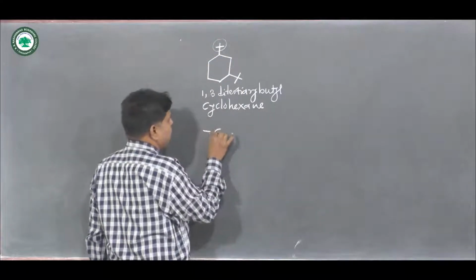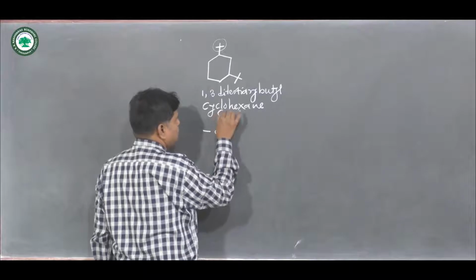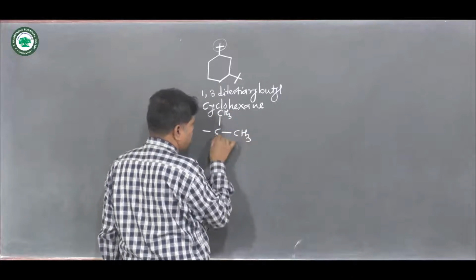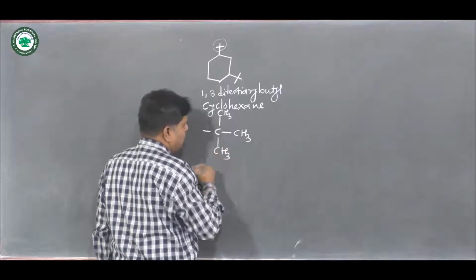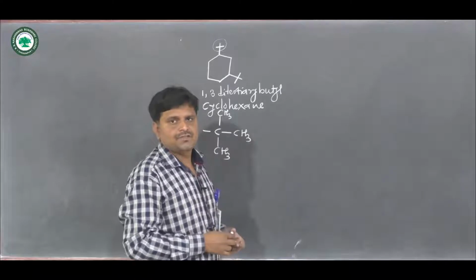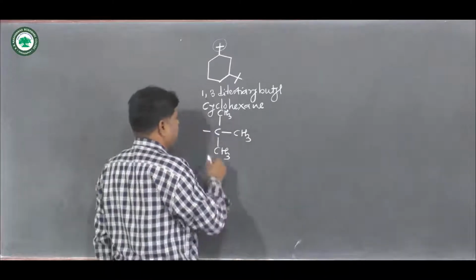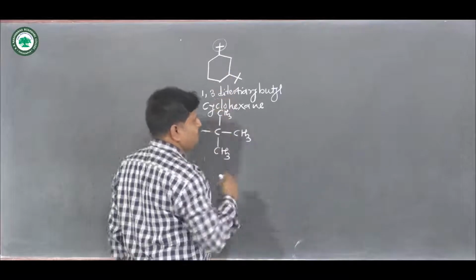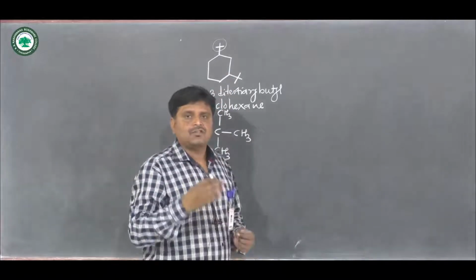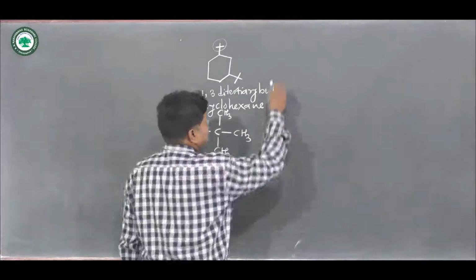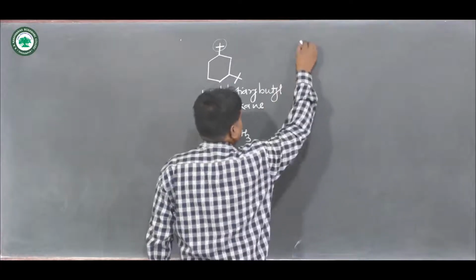When we look at it in brief, the carbon is attached to three methyl groups, and methyl groups are somewhat bulkier than hydrogen. So these two groups are attached at the 1,3 positions, and we go for both structures, the cis and trans isomers.